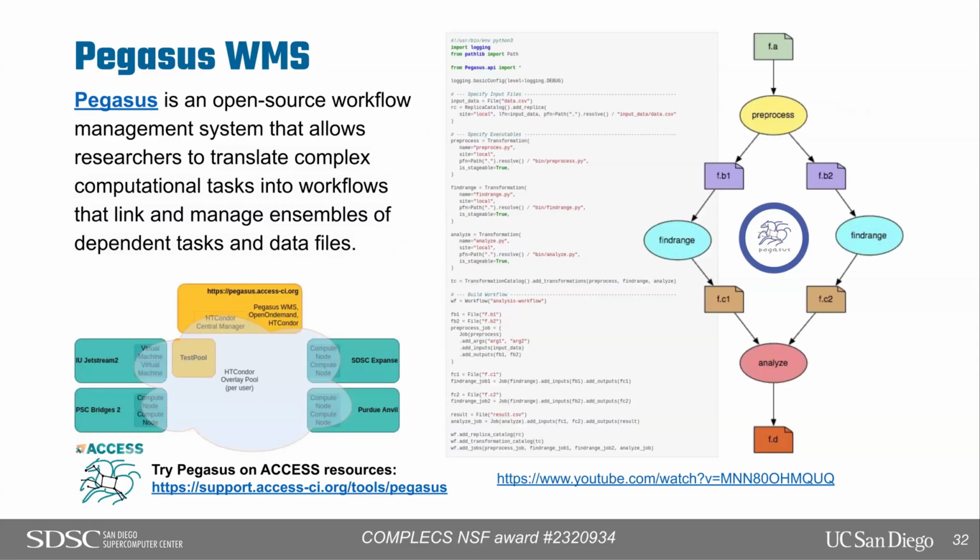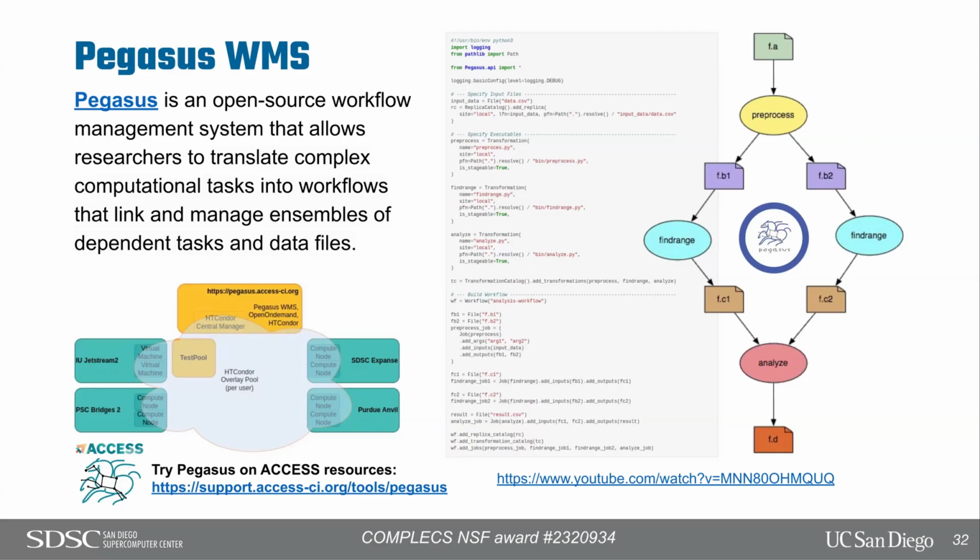Pegasus is more of a general workflow management system. It's actually built on top of HTCondor, but it gives you essentially a Python interface to develop what your job workflow looks like.